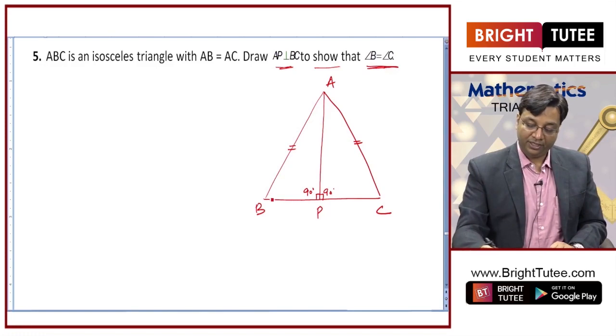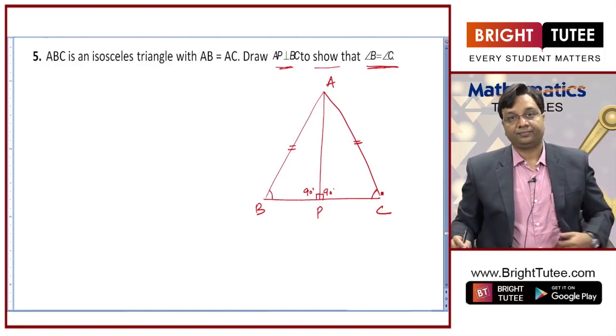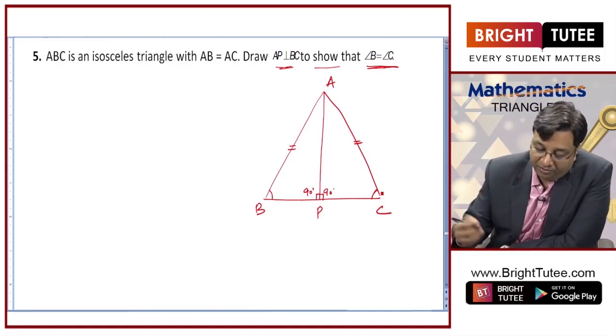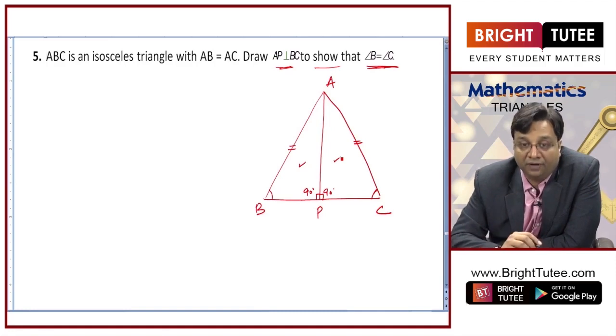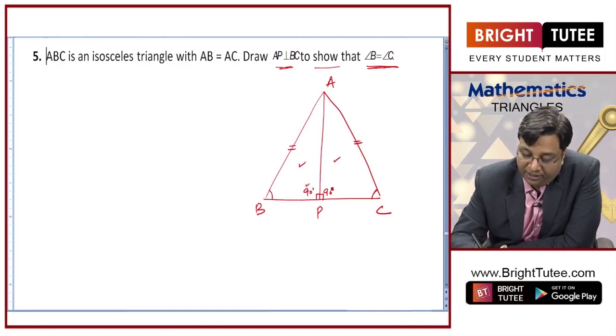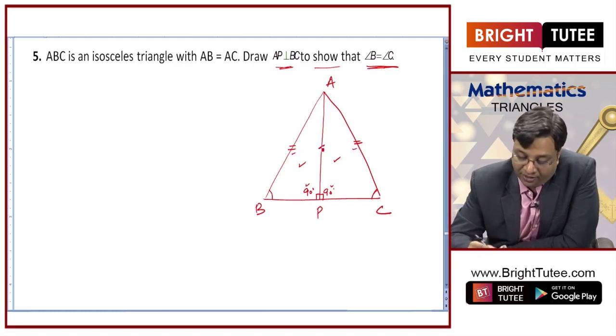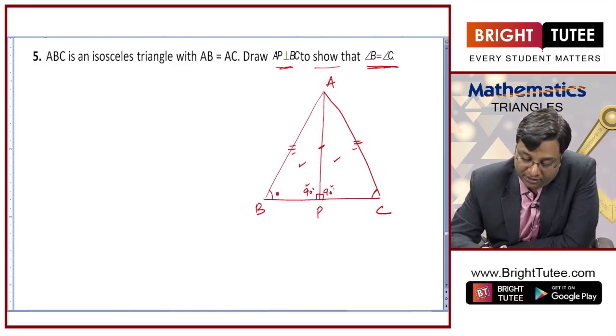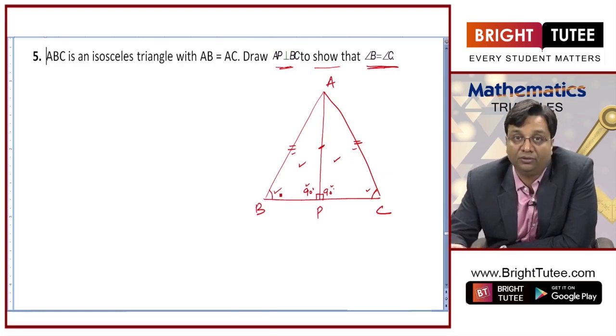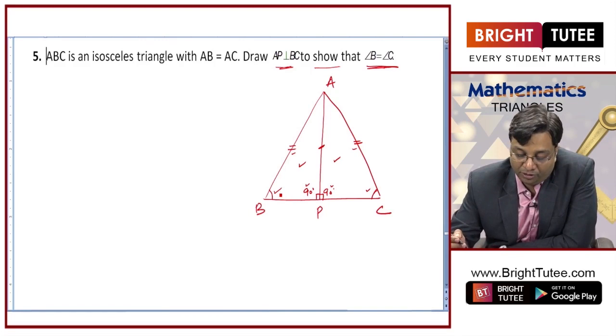We need to show that angle B, that is this angle, is equal to this angle, right. So, simply by RHS congruency rule we can say that this triangle is congruent to this triangle. Why? Because these two are 90-degree angles, hypotenuse are given as equal, and this side is common to both the triangles. So, by RHS congruence criteria, these two triangles are congruent, hence the corresponding parts of congruent triangles are equal. So, angle B is equal to angle C. This is how you can proceed.